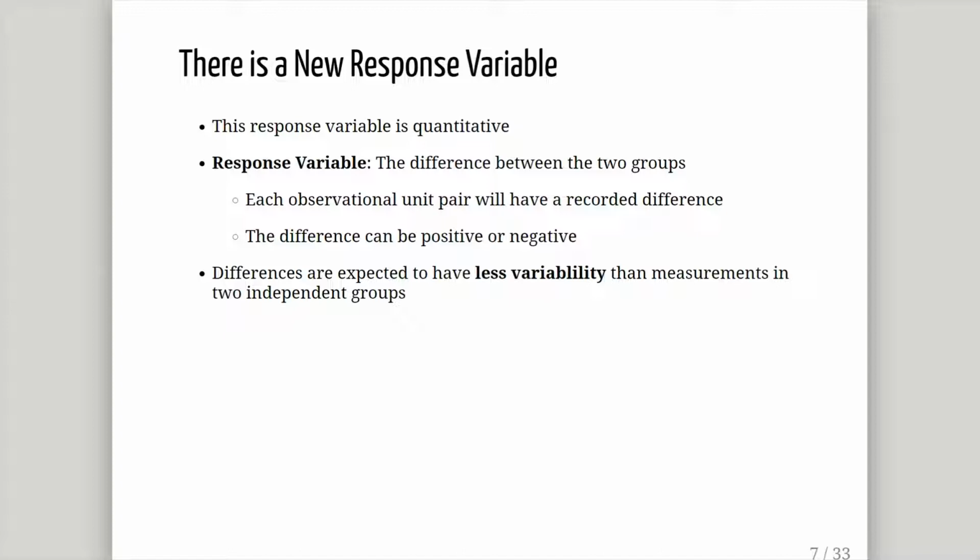I would read the book a tiny bit on why differences are the new response variable. The best reason I can give you is that differences are expected to have less variability than if we would do an independent groups design. You'll have differences of 0, 2, 4, 5, -3.